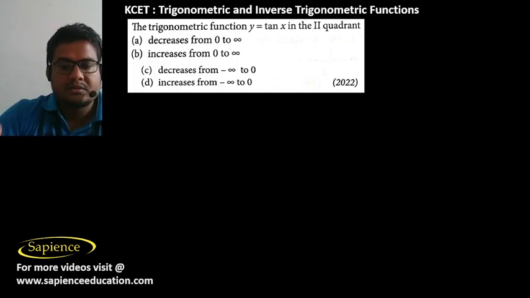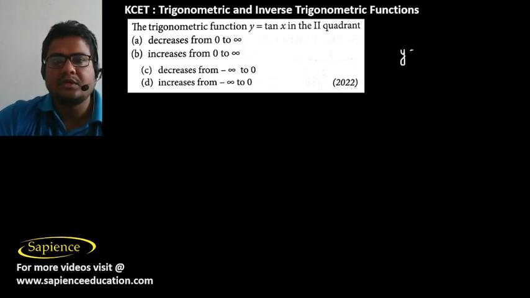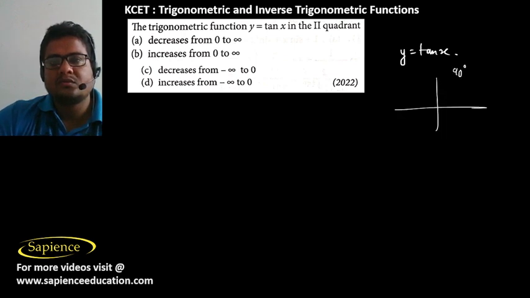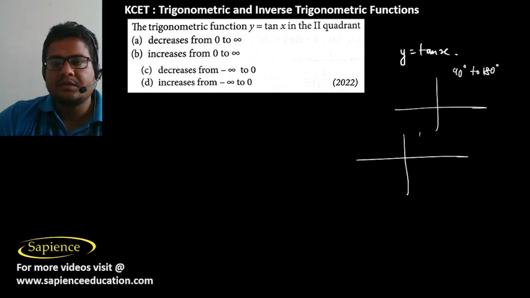Here it is told the trigonometric function y equal to tan x in the second quadrant. Second quadrant means from 90 degree to 180 degree. So you know that the graph of tan x is like this.